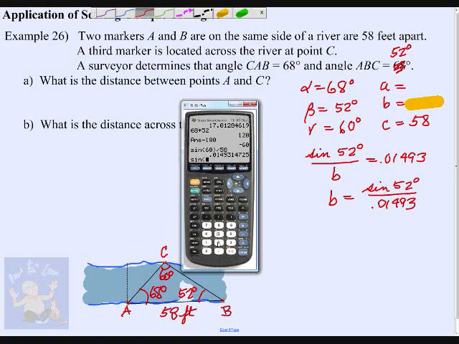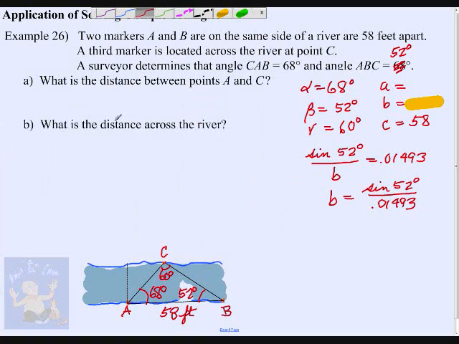Sine 52 divided by 0.0149, and we get 52.8. So the distance across here is 52.8 feet.